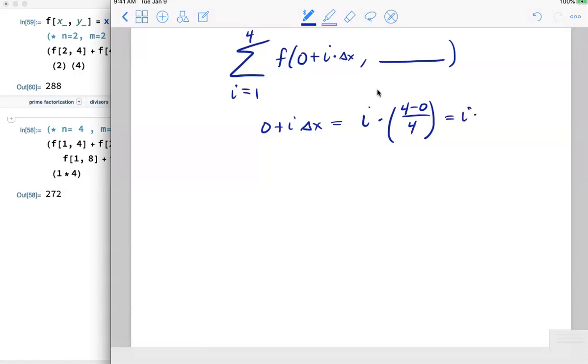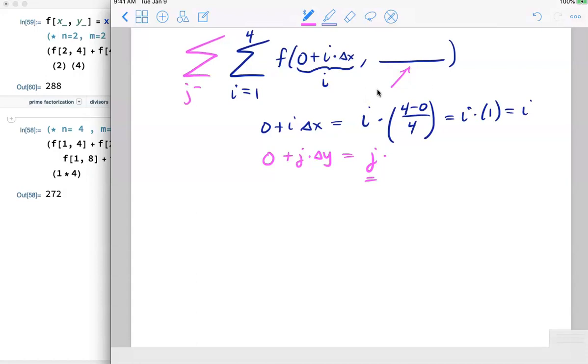So we got i times 1, which was just i. Okay. So that's what, before, we were having just an i here. But now we also need to do something for the j entry, and we're going to start with 0 plus j times delta y.